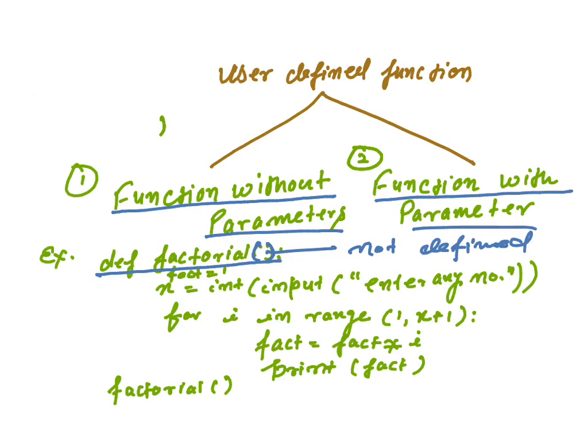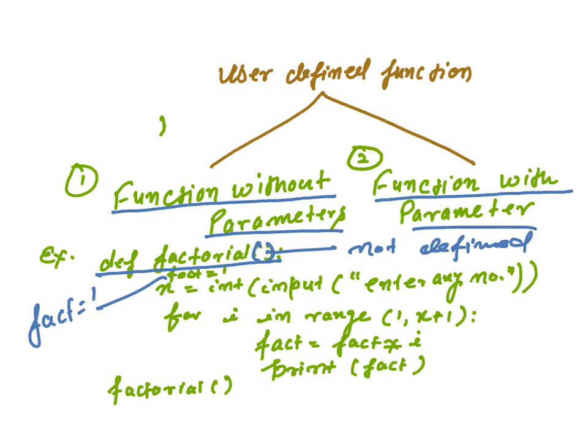So here, very simple, once again I am writing a simple program of factorial. Just define a function: def factorial. Then take one variable, this one is a float, fact equal to 1, and x equal to integer input, enter any number. Then again we have to give the logic to calculate the factorial.